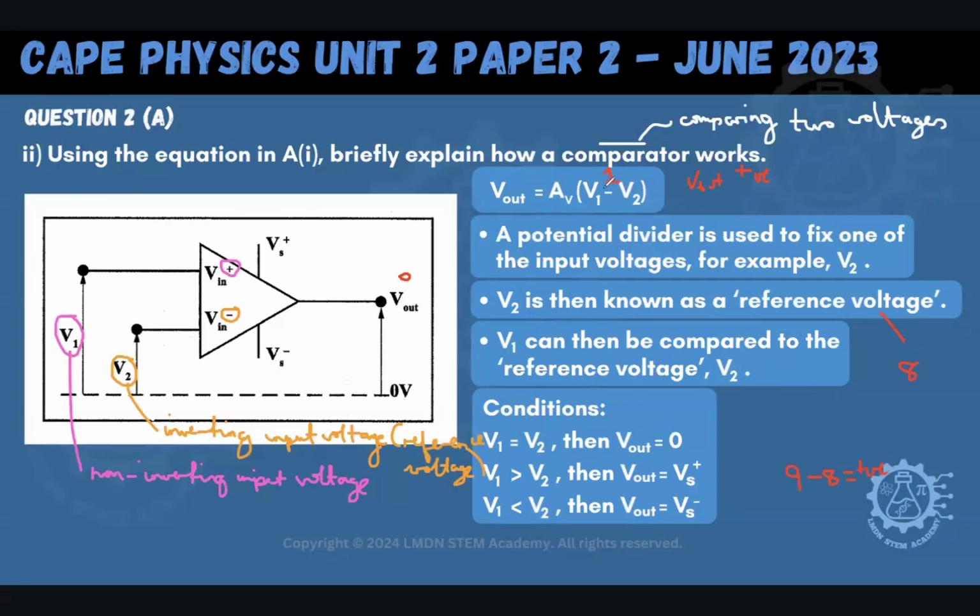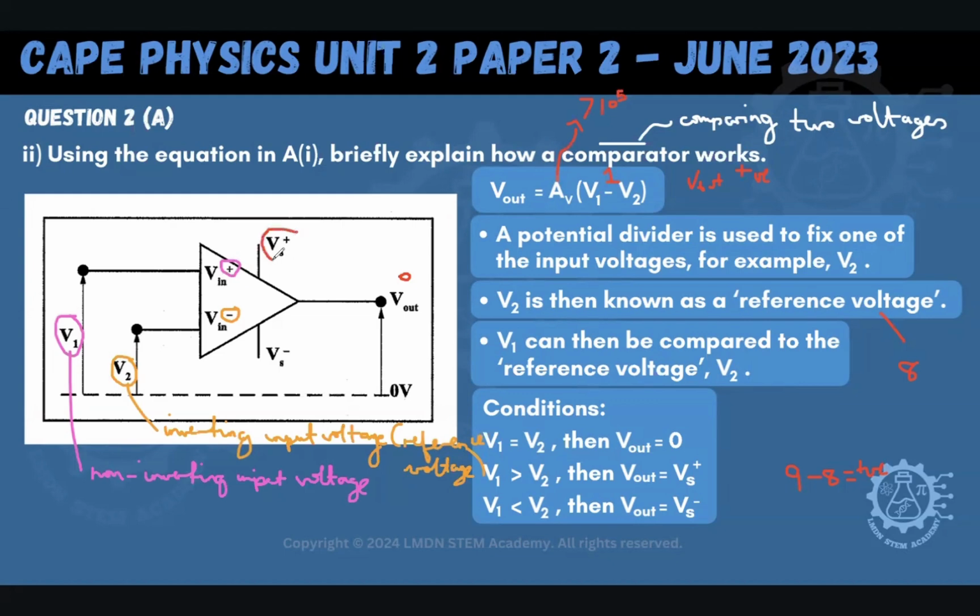And that positive difference between them is going to get amplified by this gain, which is generally greater than 10 to the 5 for a real op amp. So if you're amplifying a positive 1, you're going to get a very big positive output, and it's going to saturate the amplifier.